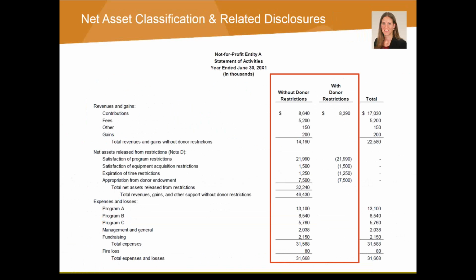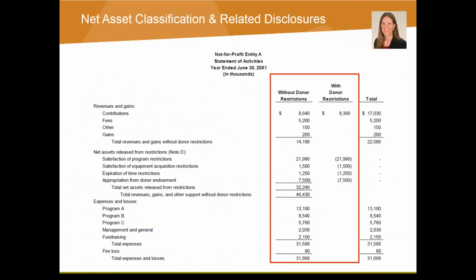Most of us here, especially in community-based, private and higher education, and arts organizations, are used to seeing just one line item of net assets released from restriction. But here you can see there's an added layer of detail that shows why those restrictions are being released: either satisfying programmatic aspects, equipment acquisitions, endowment related, or time related.